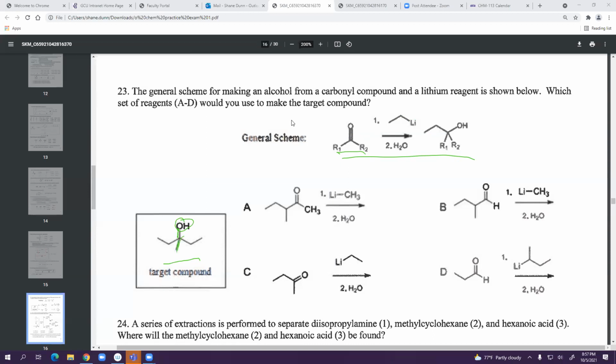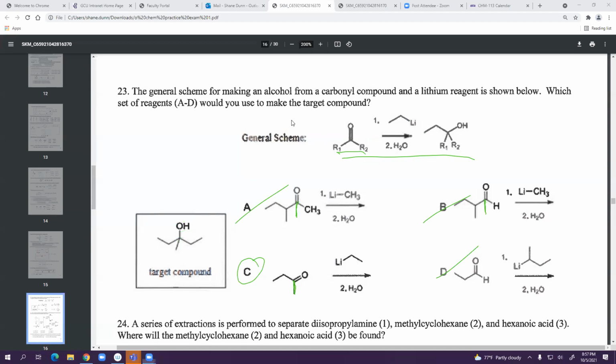A methyl group, right? So which one of these has a double bonded oxygen with the thing going down? A is missing that little green piece right here. That won't work. B is missing the piece that goes down, doesn't work. D doesn't work. C works because it has that piece right there.